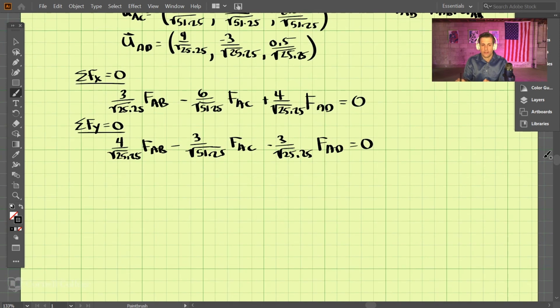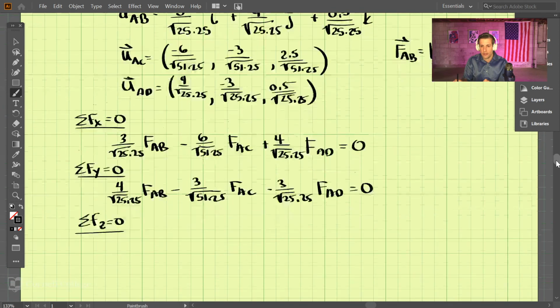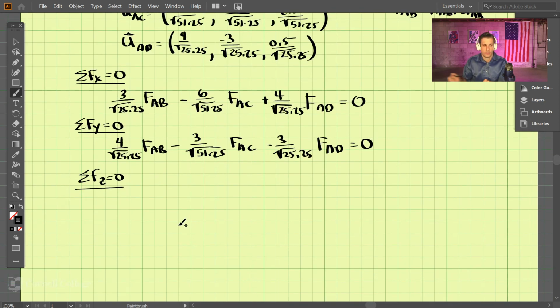And then we have to do the sum of the forces in the z direction, and set those equal to 0. I'm going to have to scroll back and forth. The first one is 0.5 divided by the square root of 25.25 FAB.